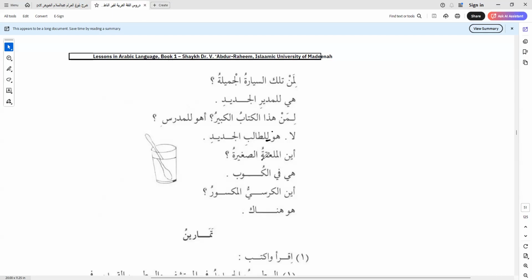أين الملعقة الصغيرة? As you can see, الملعقة is a spoon. We've already encountered this. الصغيرة. ملعقة, the ta marbuta makes it what? Feminine. So therefore, our adjective must also be what? Feminine. So the agreement is good.